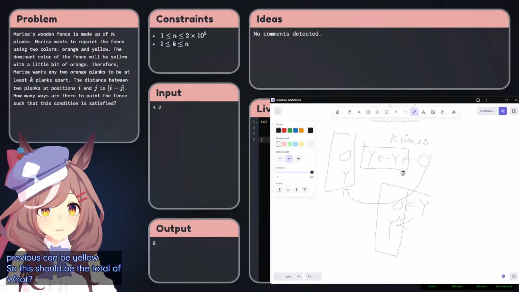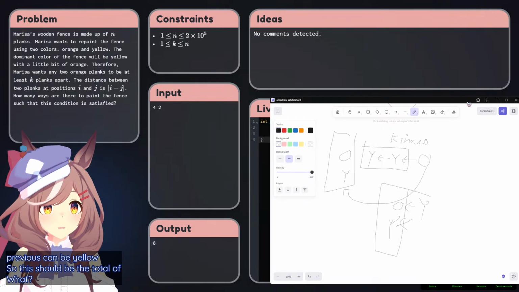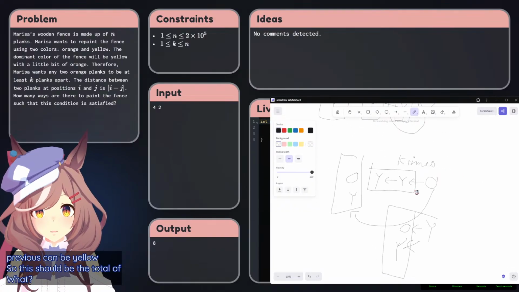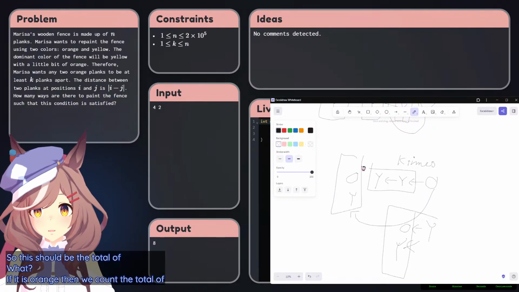If it is orange, then we count the total of orange and yellows k values before.